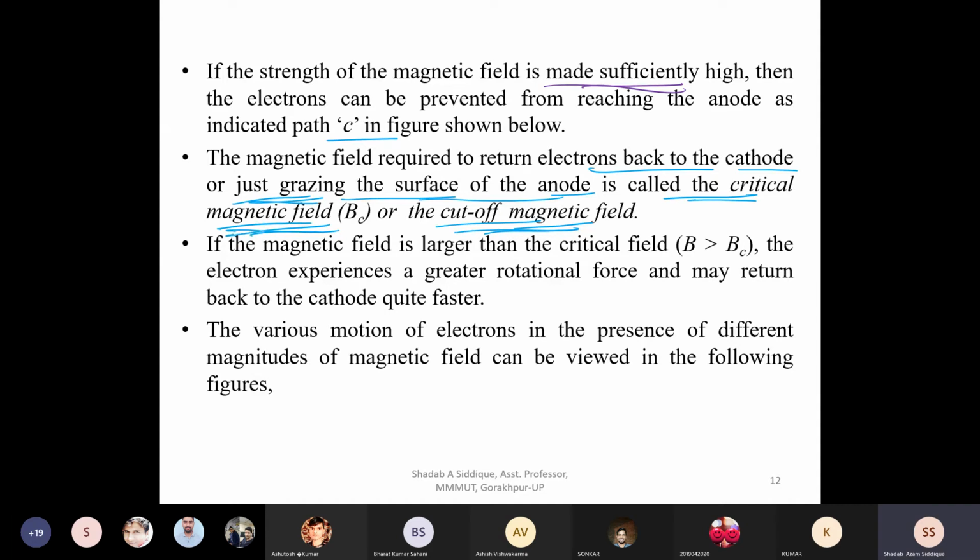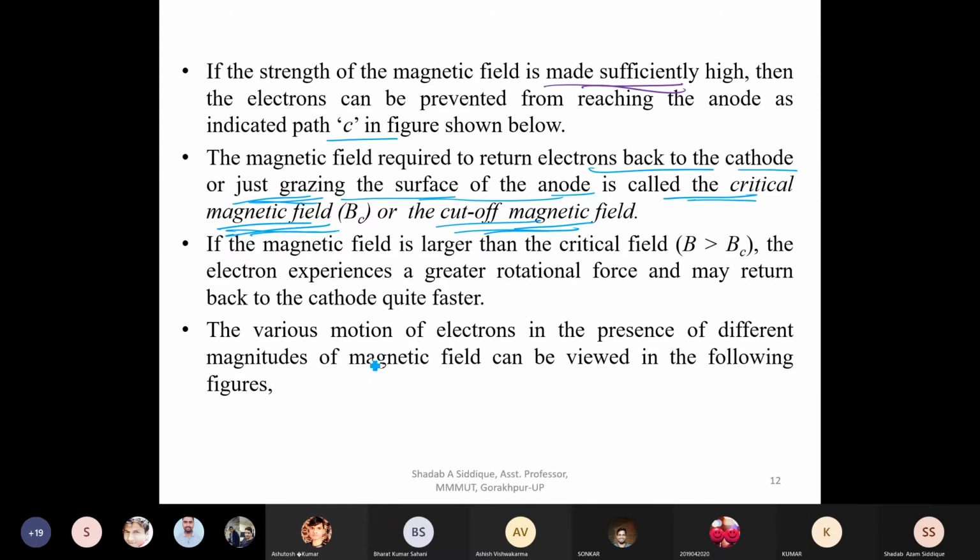So what is the cutoff magnetic field? It is the magnetic field at which the electron will just return back to the cathode, or you can say it is just grazing the surface of the anode. That is called the critical magnetic field.